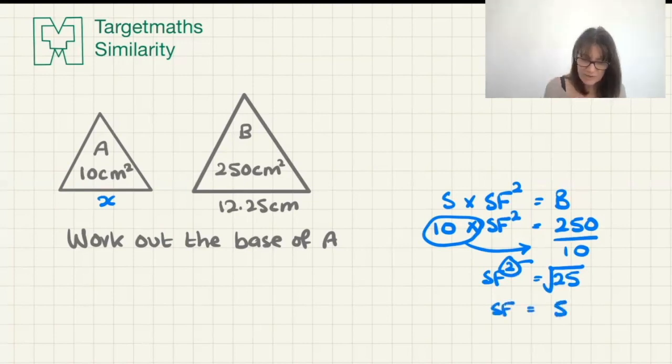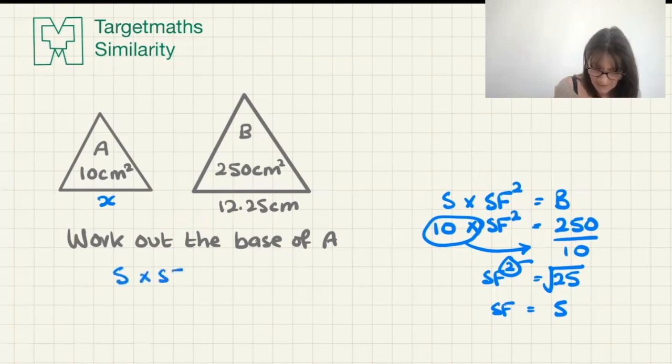So I've used the information that they've given me and what I understand about scale factor to take me all the way down and find the original scale factor for length. Now that I've got the scale factor for length, I can work out what's happening here. So I know that it's the smaller times by the scale factor equaling the bigger.